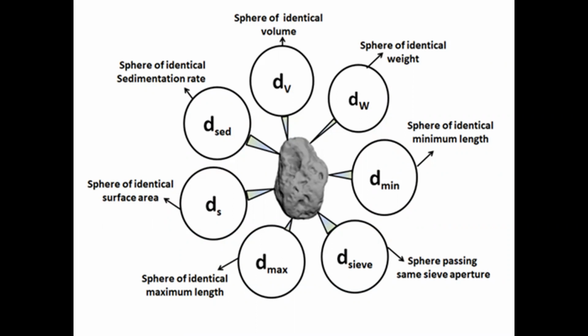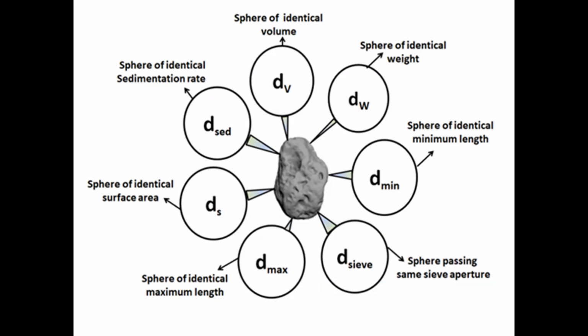If you see big particles, you can imagine this is a cube, this is a sphere, or whatever shape it is. But in the case of very small particles, it is very difficult to keep that particle in a particular nomenclature. That's why we equalize, meaning we use a sphere of identical volume.